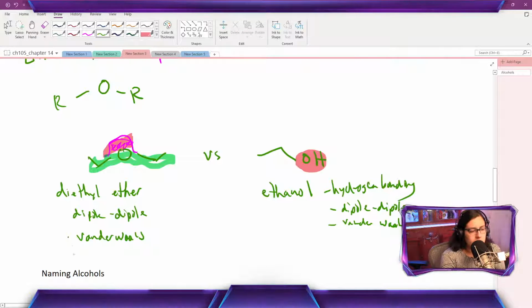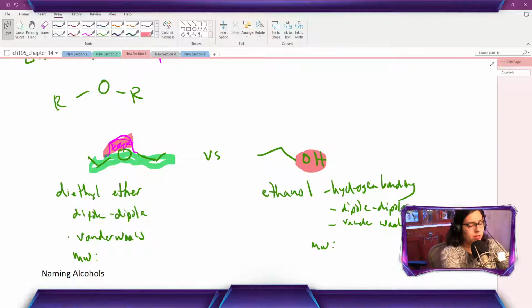And then let's compare, because the molecular weight is also relevant. Now I'm going to consult the internet for the following, since it's just faster. Diethyl ether has a molecular weight of 74 grams per mole.